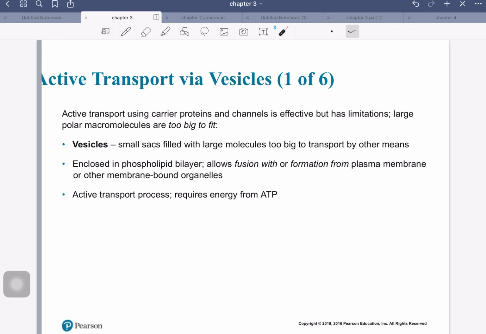The noteworthy thing about vesicles is that they're enclosed by a phospholipid bilayer. That sounds familiar, right? Because cell membranes are made of phospholipids. This is what allows a vesicle to fuse with the actual cell membrane, because they're made of the same thing.